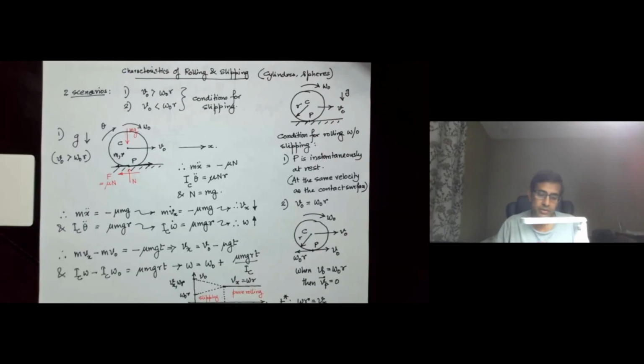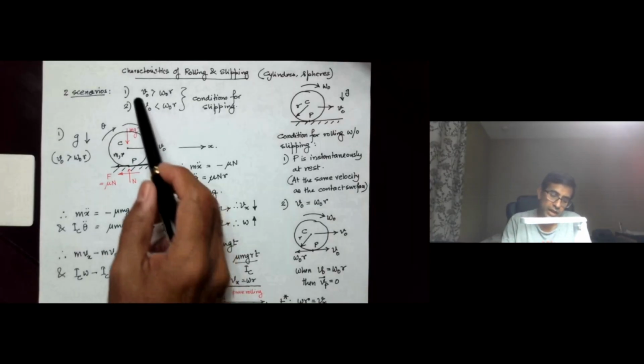The purpose of these videos is to firstly show how in these two scenarios the friction force has a different nature. And once we derive the equations of motion and the results, we want to show some interesting behavior of the motion of the cylinder or the sphere.